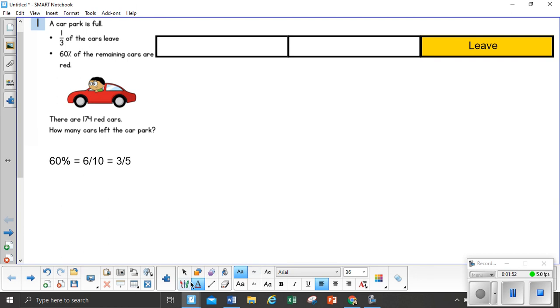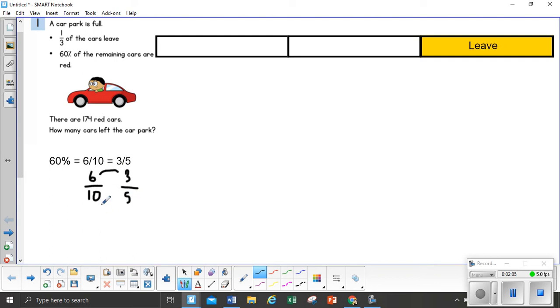For this I just divided both the numerator and the denominator by 2 to simplify my fraction. So it gives me 3/5. So 60% is the same as 3/5.